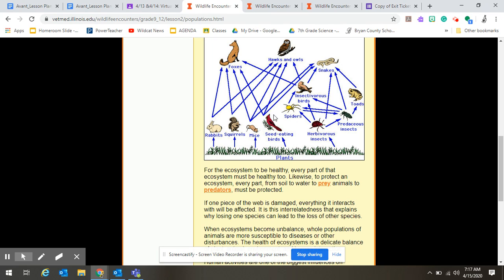So our balance is off. And then hawks and owls are the same way. They're going to be more reliant, which could drive down the other populations of organisms. So our squirrels, our mice, our seed-eating birds, they could all be heavily affected by this, or snakes. Their populations could go down because they are being eaten.